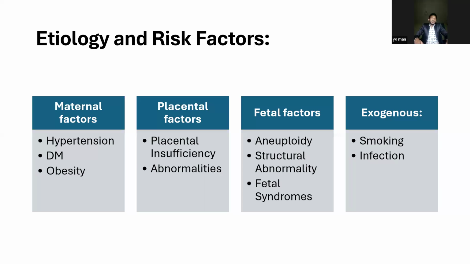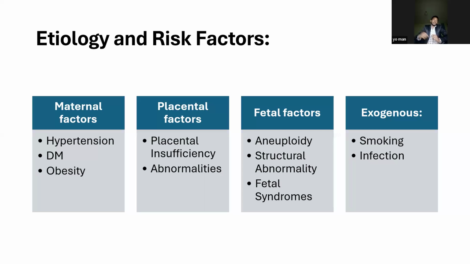So what are the etiologies and risk factors for IUGR? There are maternal risk factors, placental risk factors, and fetal risk factors, as well as some exogenous risk factors which may predispose the fetus to become growth restricted. The first maternal factor is hypertension.